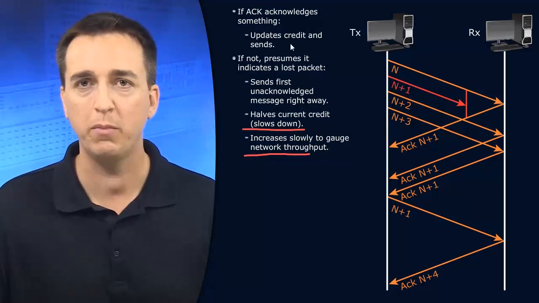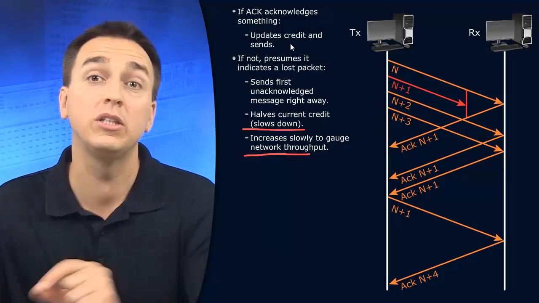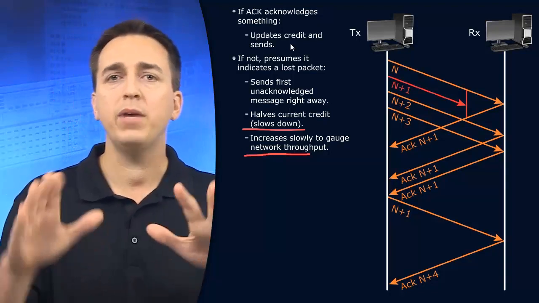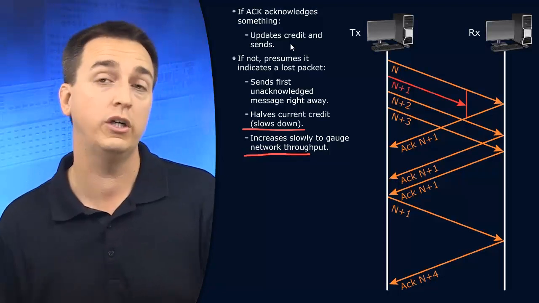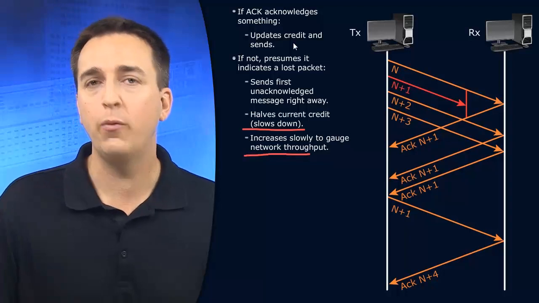Everything's fine. Let's see what happens until we start experiencing issues. And when we do, we're going to back off again. So there's this dynamic adjustment or flow of traffic going through our networks when we're using TCP. And this is that flow control that we have.